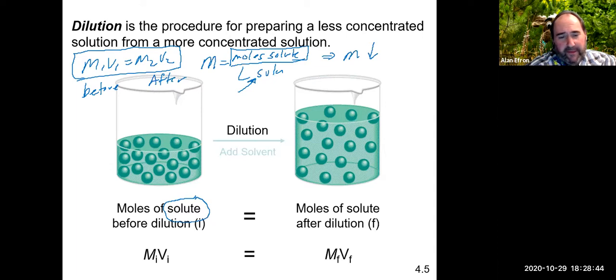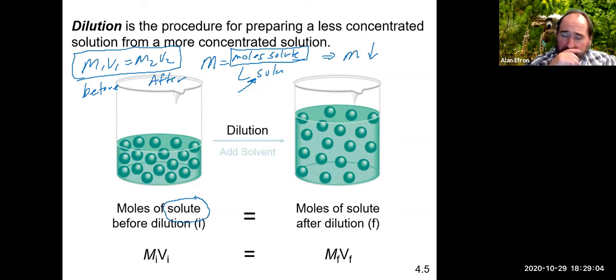M1 and M2 are molarity. M1 is usually the more concentrated or stock solution. M2 is usually the more dilute solution. V1 is the volume of concentrated solution you would need, and V2 is usually your final volume.